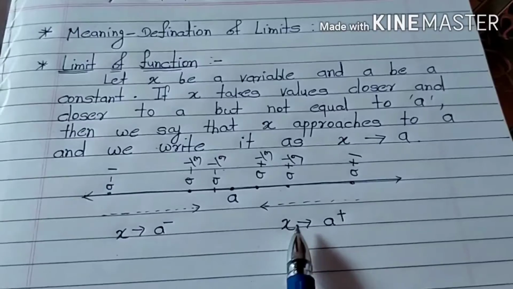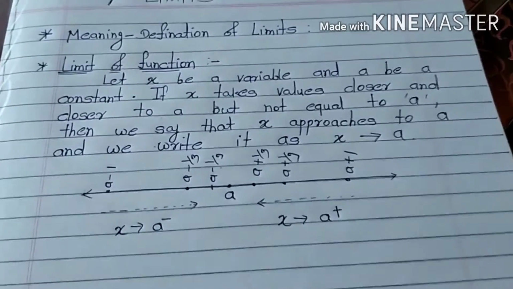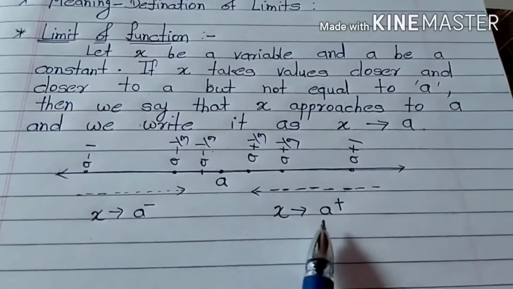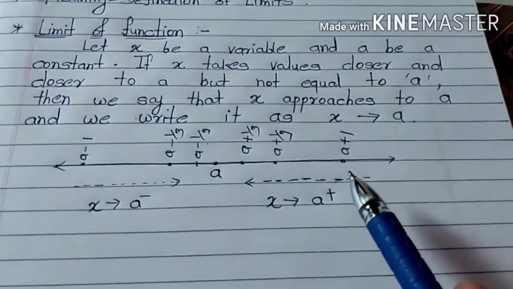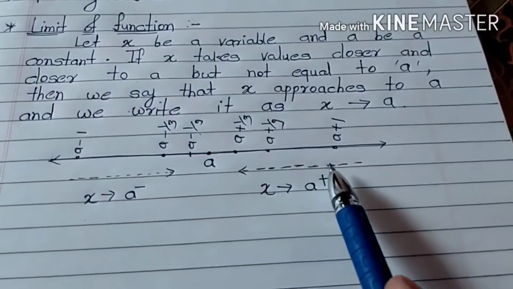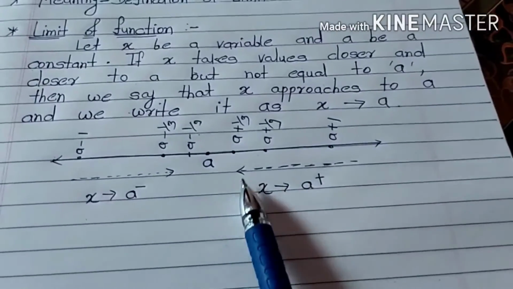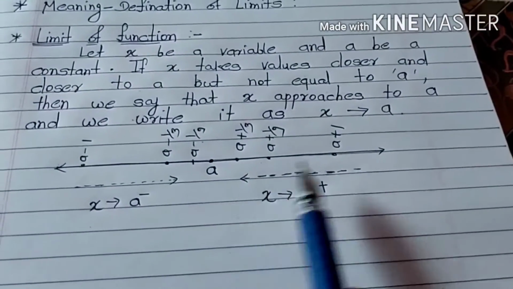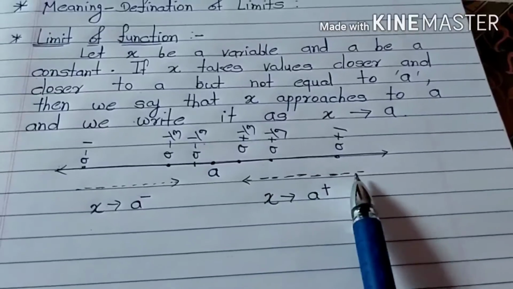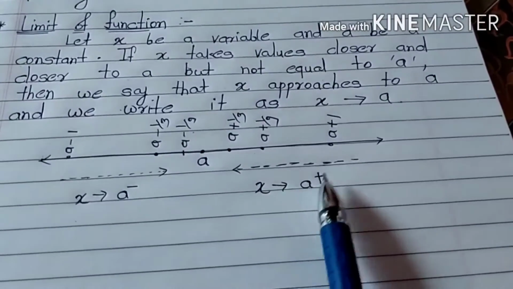Now next, x tends to a plus. In this, x takes values greater than a and approaches a, then x tends to a from the right and we write it as x tends to a plus.